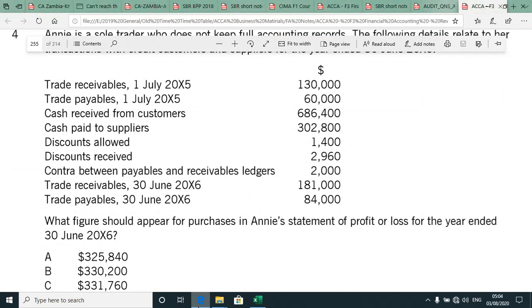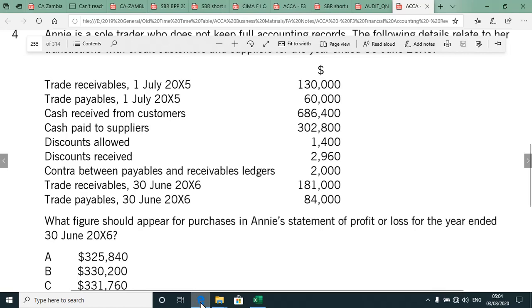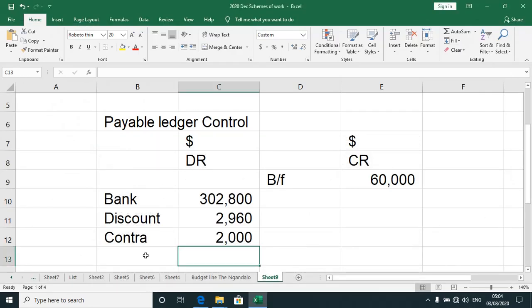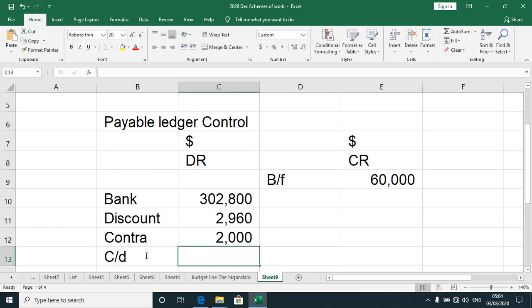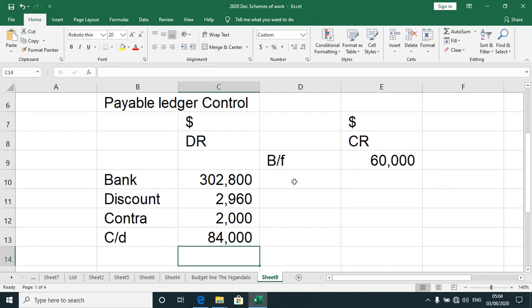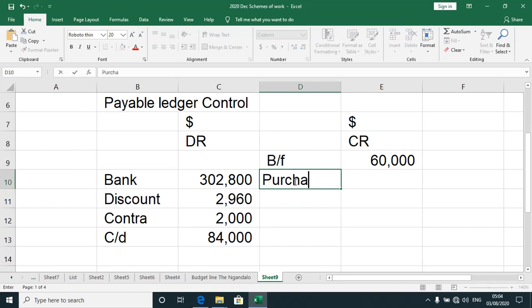You've got trade receivable closing balance, which is not relevant, and then trade payable closing balance 84,000, which I think is relevant. So we carry down. Memory serves me well. So what we're looking for is the purchases for the period.